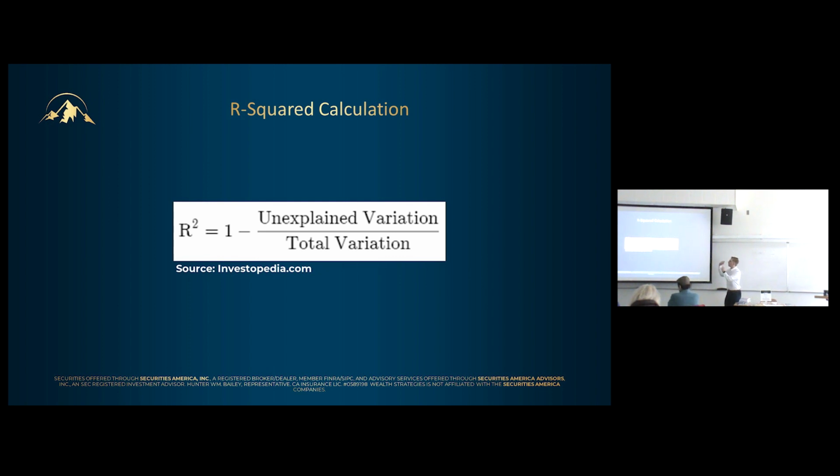What we're doing is taking all returns from all time frames, all the data we have, and comparing it. Everything that is pretty much the same that can be explained by the index, we remove, and we're left with unexplained variation. Divide that by the total amount of variation, and then subtract that from one. That gives us some percentage, or a decimal.